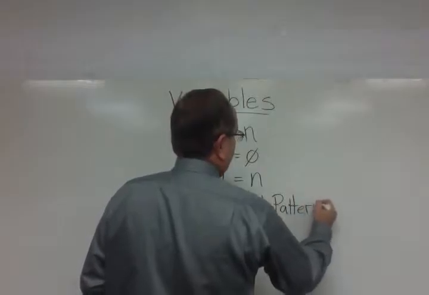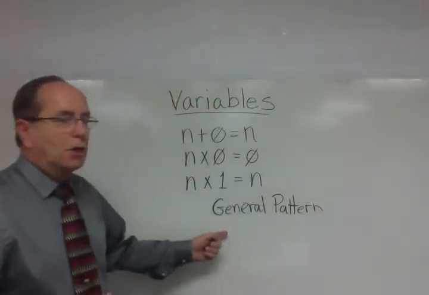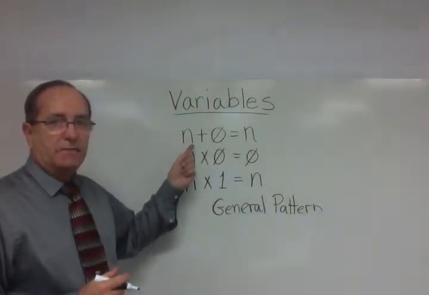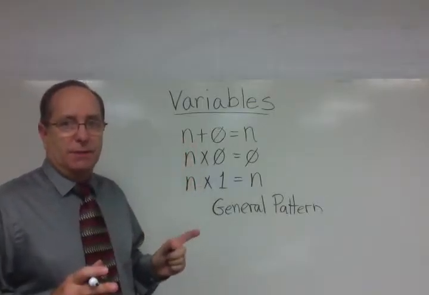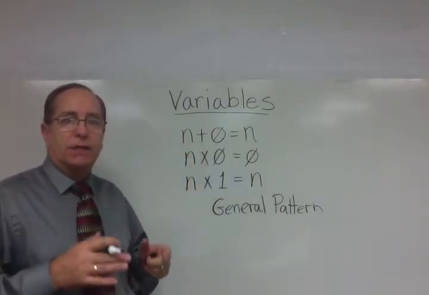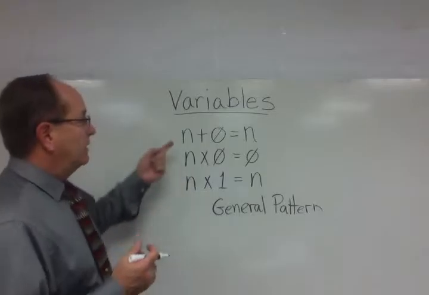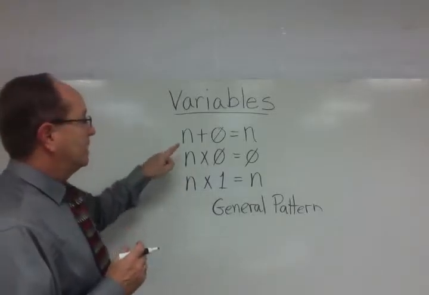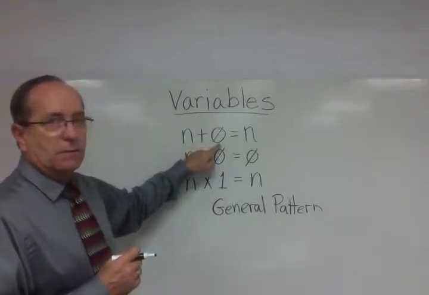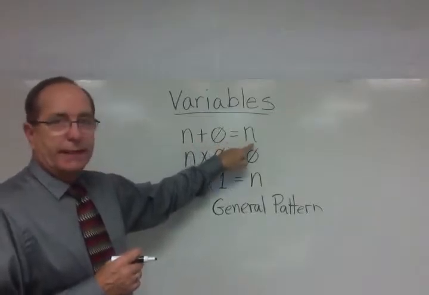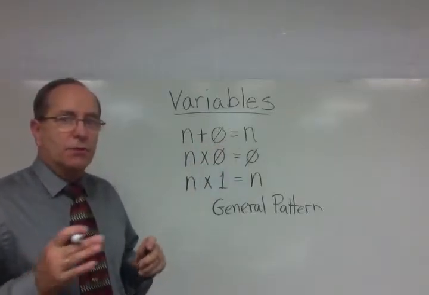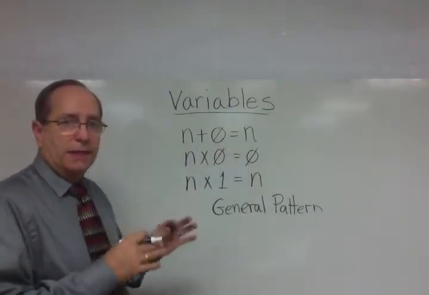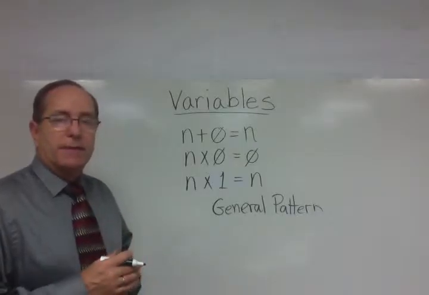General pattern is when you are able to replace that variable with any number and the statement's going to come out true. So in this case, I give you some examples of n plus 0 equals n. No matter what number you put in for n to replace it, it's going to always come out true.